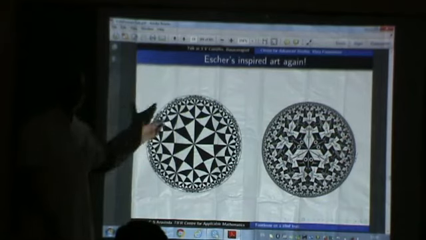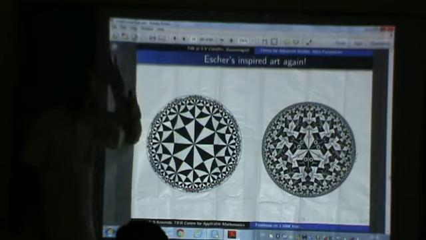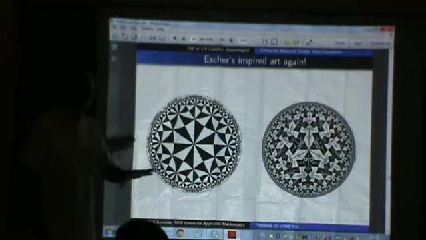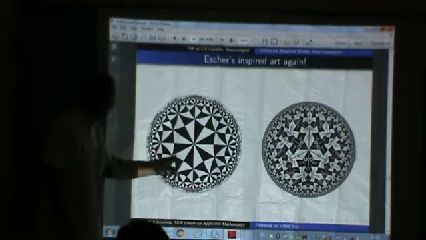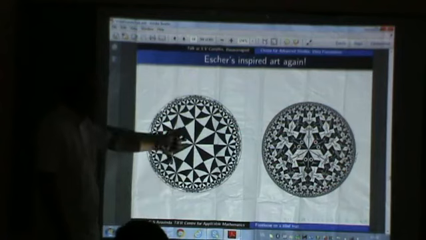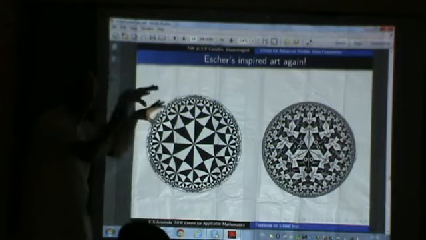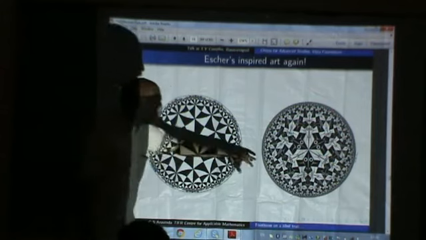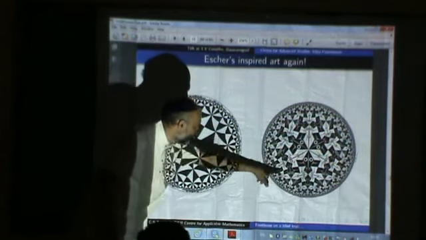The curves that I showed in the previous picture, these ones here, are all straight lines in this geometry. They are geodesics in this geometry. For instance, you have a hexagon here, right? Just as previously he used a parallelogram to get the fish and the bird tessellation, he is getting the devils and the angels here, I think, or maybe not the devils and the angels, but something else.